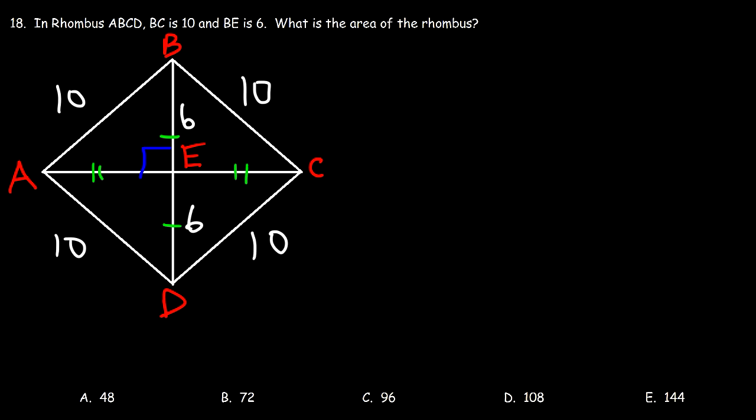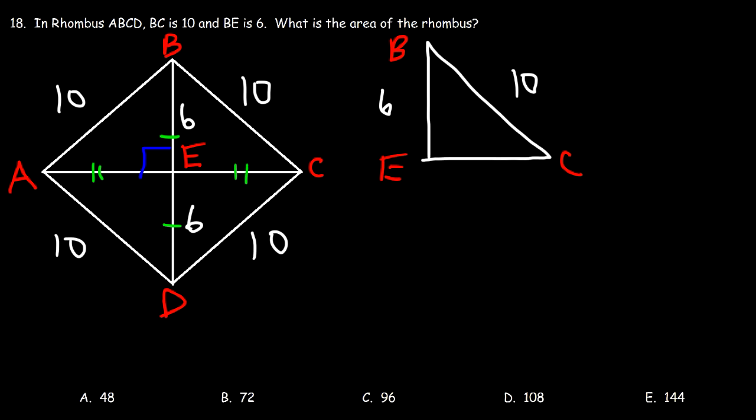Now we need to calculate EC and AE as well. We have BE and ED. Let's focus on the right triangle BEC. We can see that BC is 10, BE is 6. What's EC? So we can use the Pythagorean theorem. C squared is equal to A squared plus B squared.